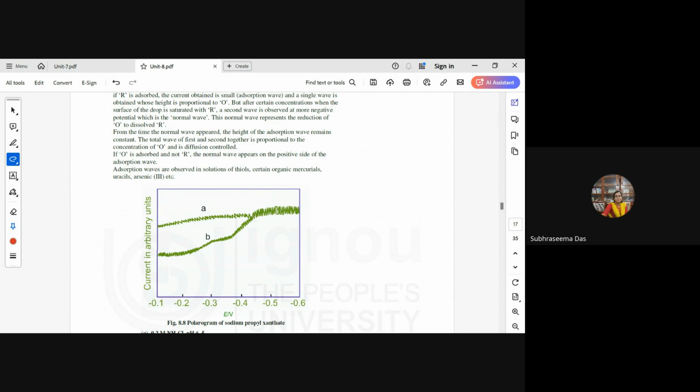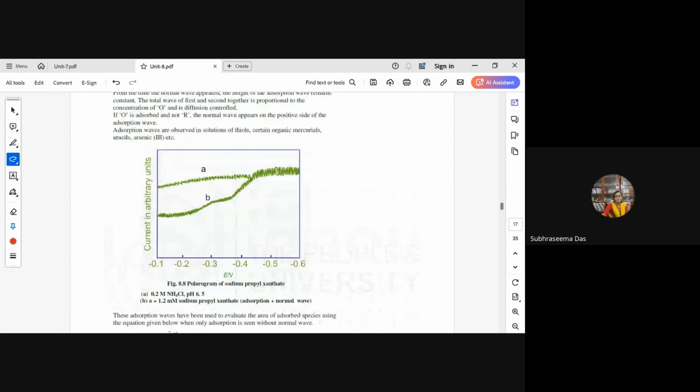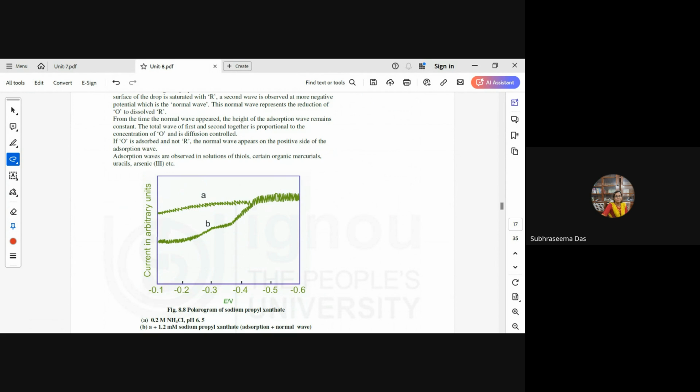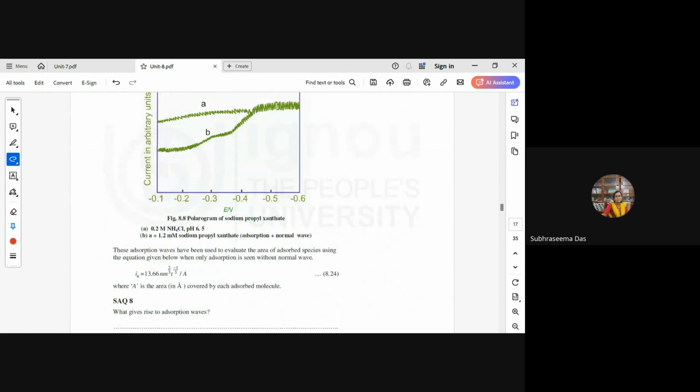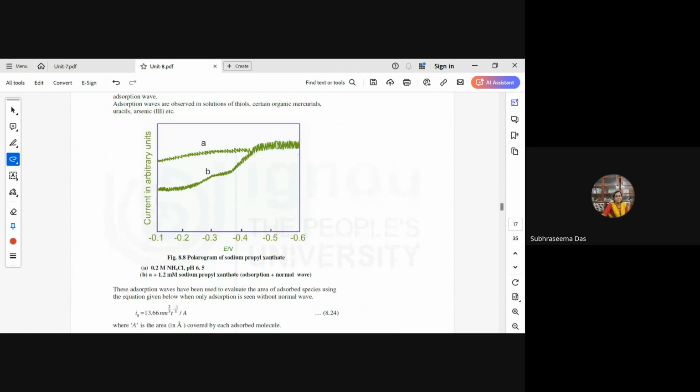From the time the second wave appeared, the height of the adsorption wave remains constant. The total of the first and second waves together is proportional to O. Adsorption of this kind has been used in the study of thiols and other organic materials.